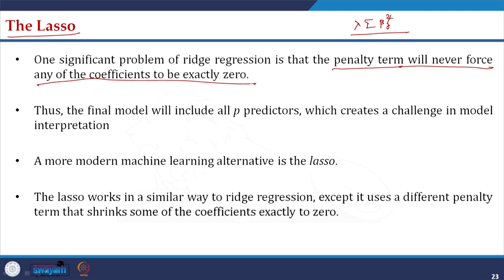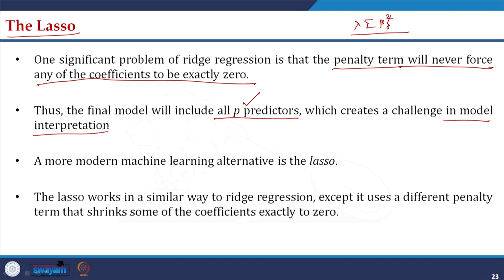It means the final model will include all p predictors, because none of the betas will be 0. So, y equals beta 0 plus beta 1 x 1 plus beta 2 x 2 up to beta p x p, and all betas will be non-zero. I will have all p variables in the final model, which creates a challenge in model interpretation, because I am having large dimension, with all the variables there.